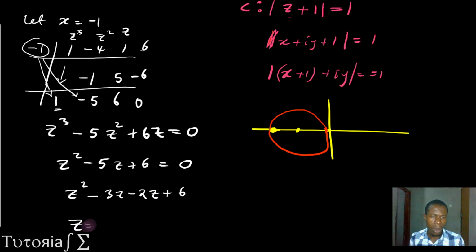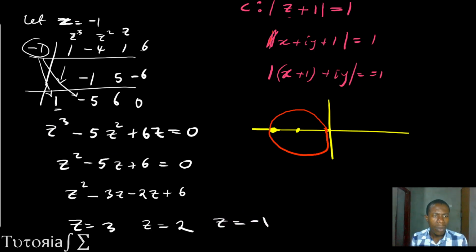Basically, z equals 3, z equals 2, and z equals 0.